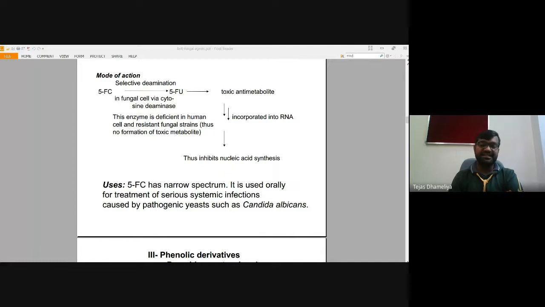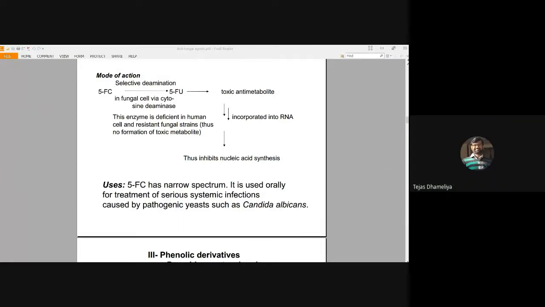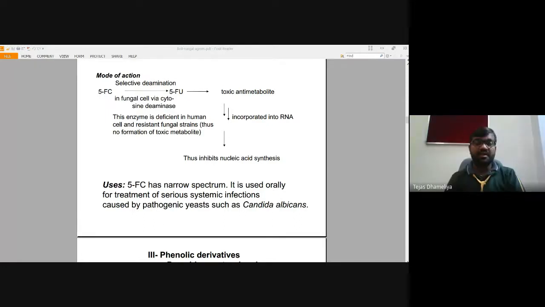Kinase is an enzyme involved in this phosphorylation. That triphosphate derivative is the key analog which causes antifungal activity through the inhibition of RNA synthesis.